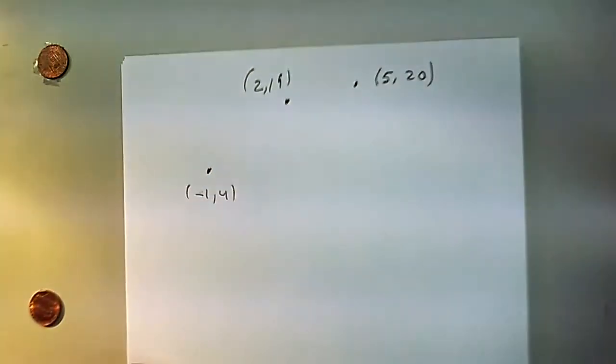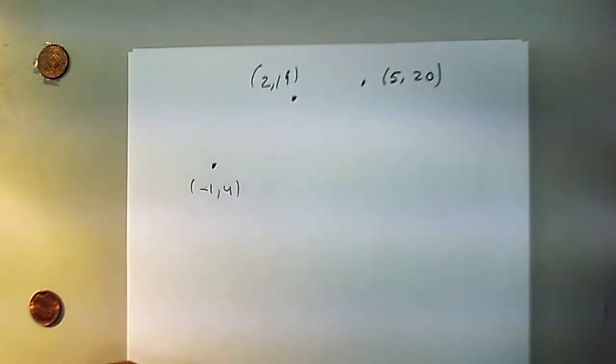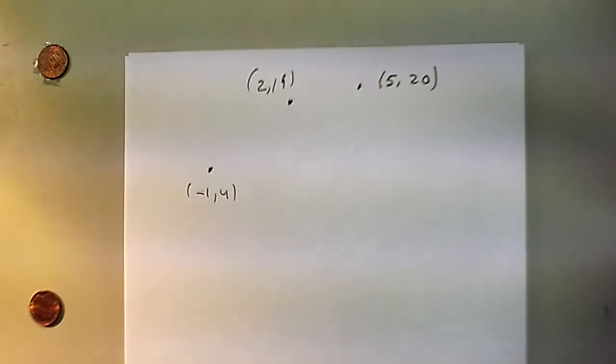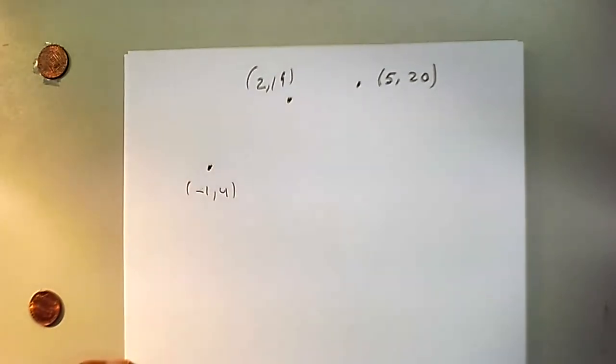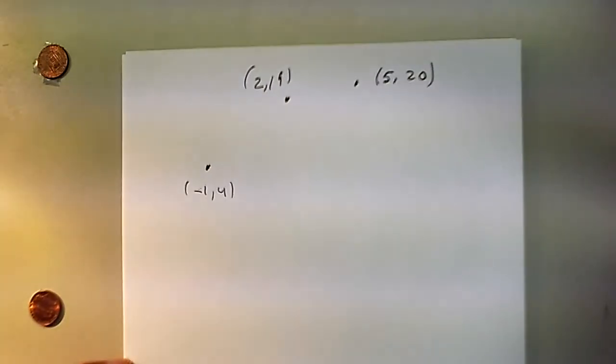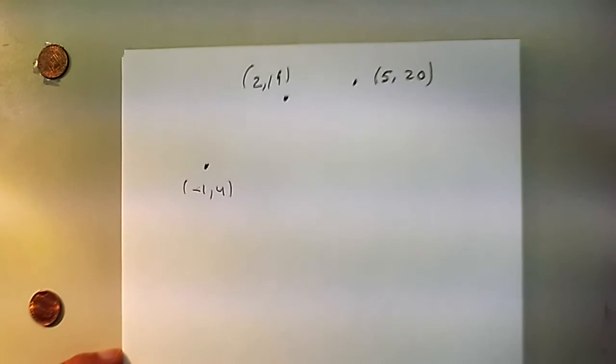That is called the regression line, the least squares regression line. There's many names for it. You have probably done that either in statistics, some algebra, but it turns out that we can do this with linear algebra.